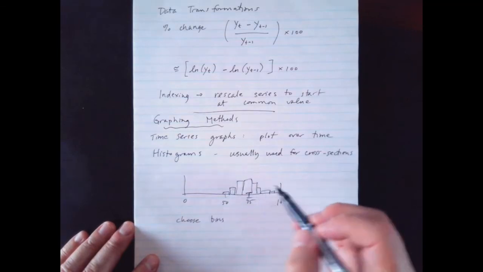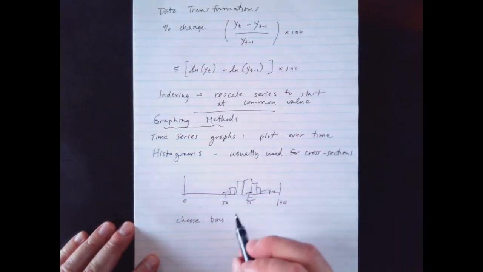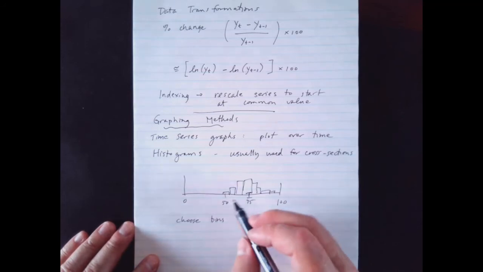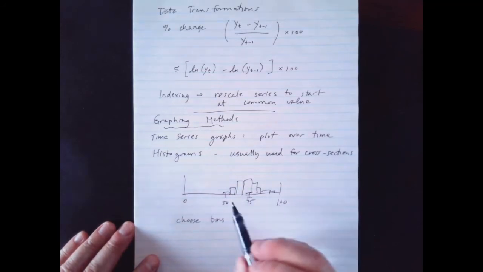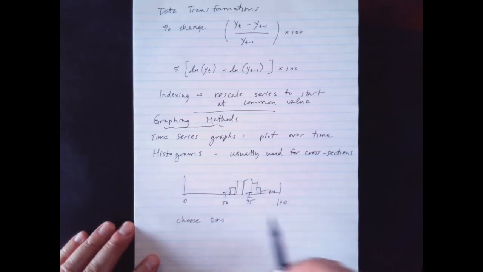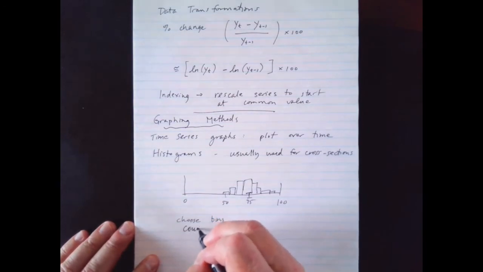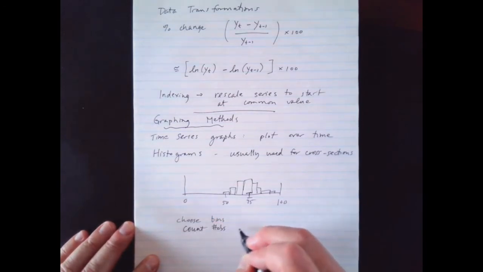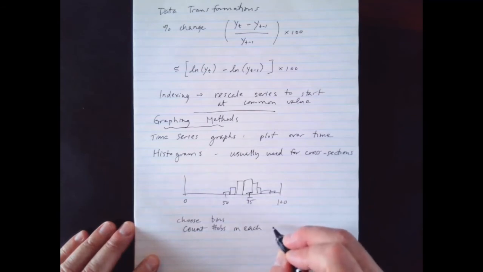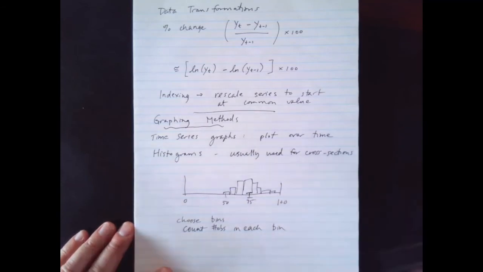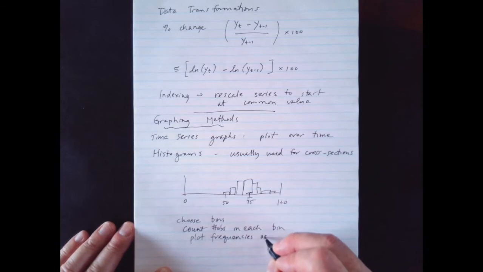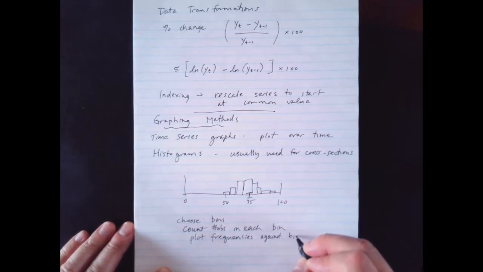These are called bins, so the size of the bins, and then you count the number of observations in each bin, and then you plot those, which are called the frequencies, against the bin intervals.